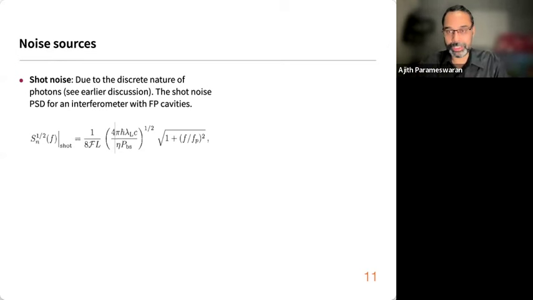One is the one that I mentioned, the fact that we have only a finite number of photons to count, and this is called the photon shot noise. This affects measurements at very short time scales, because you have to count the number of photons in a short time scale, and that's where the error is larger, which means that it affects the sensitivity of the interferometer at higher frequencies. You can improve this error by increasing the laser power, because this error is proportional to 1 over square root of n, the number of photons.